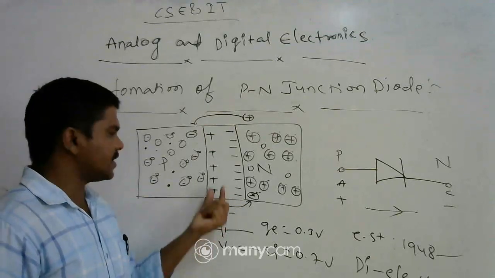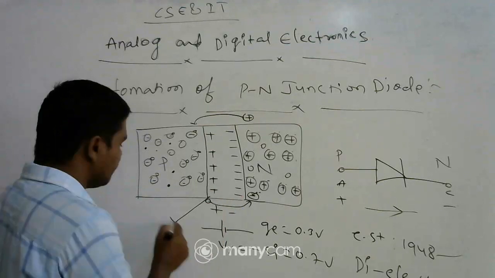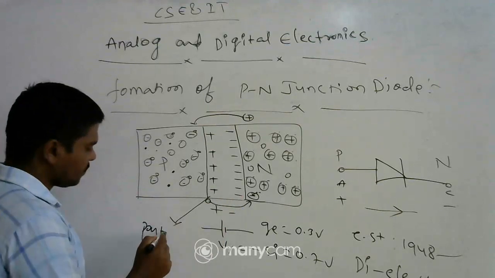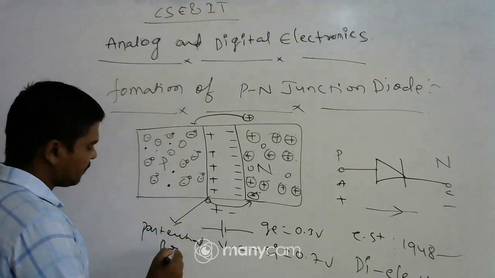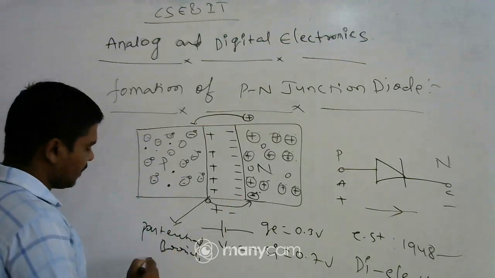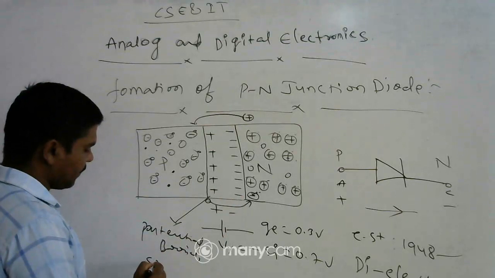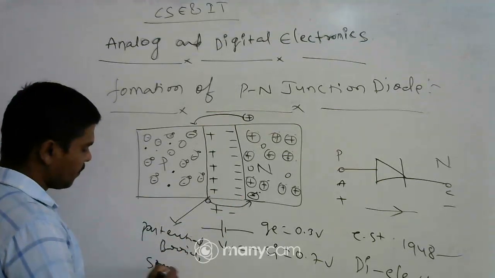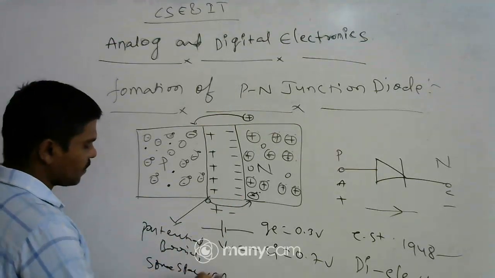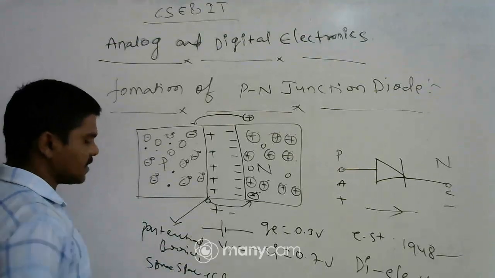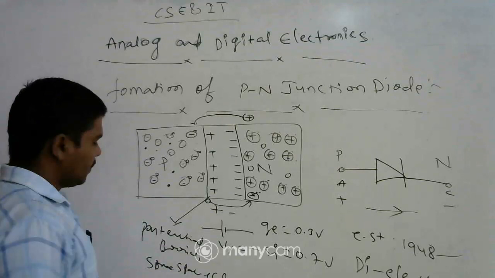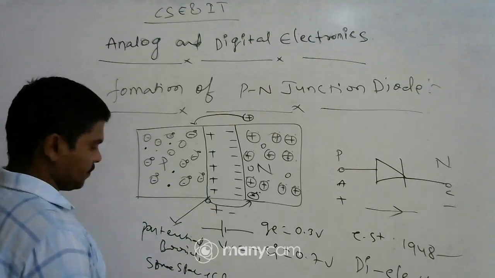This is called the potential barrier, or free space charge carrier, or depletion region.